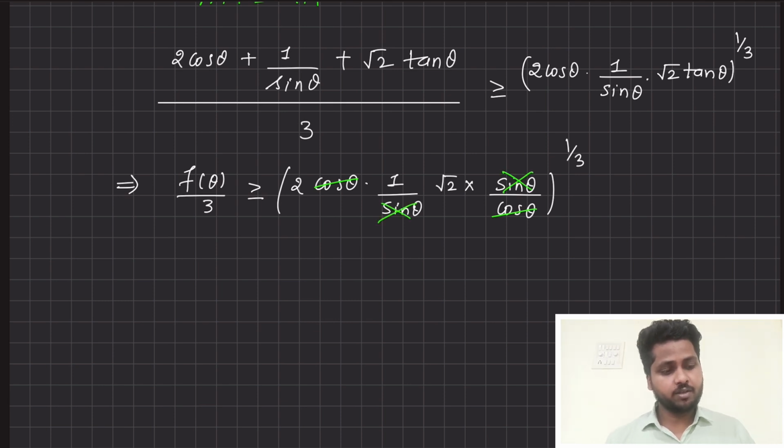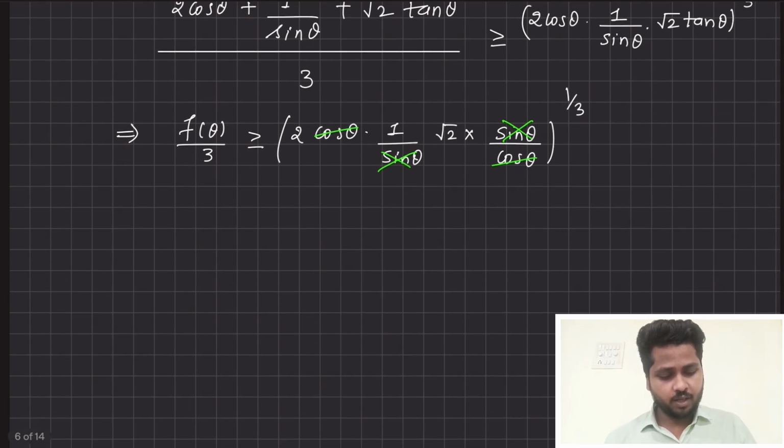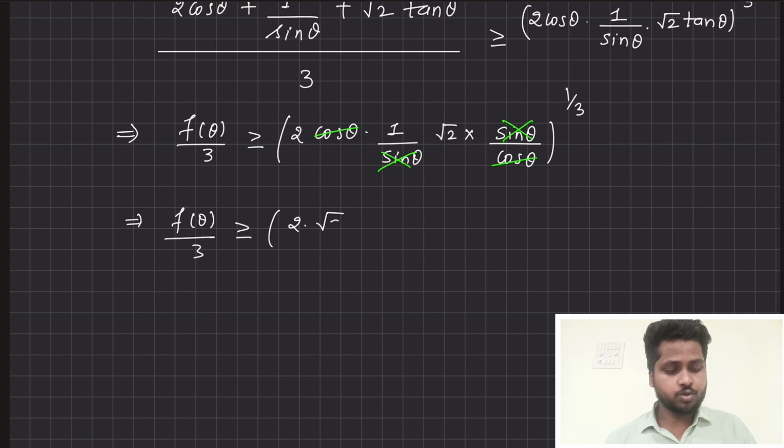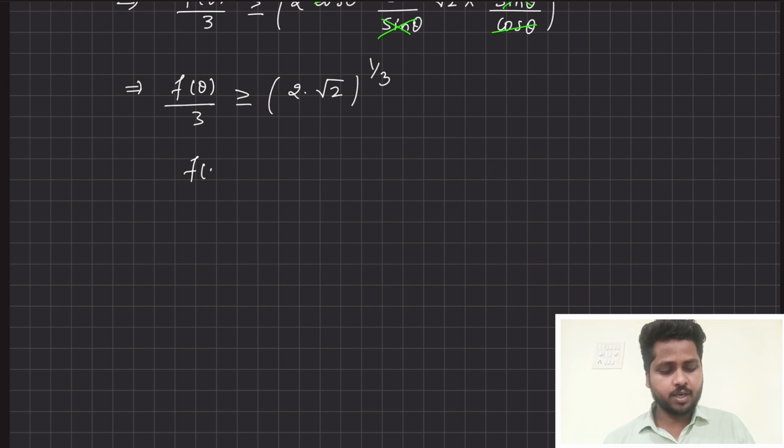So what we are getting now is f of theta divided by 3 is greater than or equal to 2 into under root of 2, raised to 1 upon 3. So basically f of theta is greater than or equal to 3 times 2 raised to 1 plus 1 upon 2.